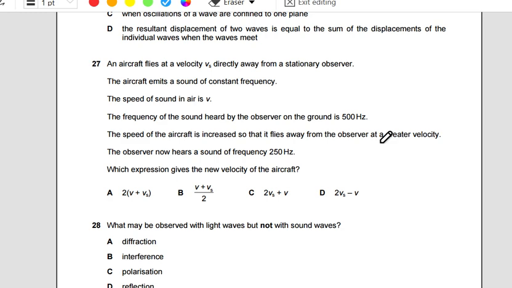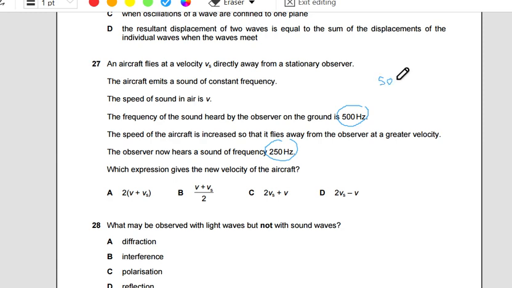Here we have velocity of source set changes. Okay, at first the observed frequency was 500, and when it changed, the observed frequency became 250. So we can apply the Doppler formula twice.